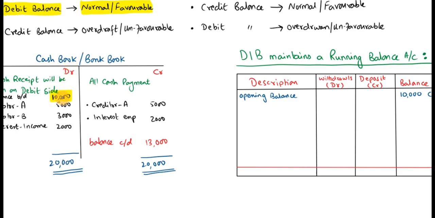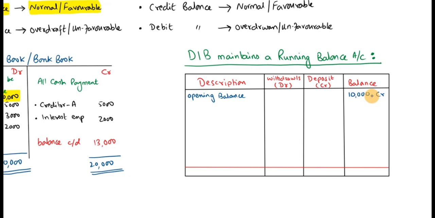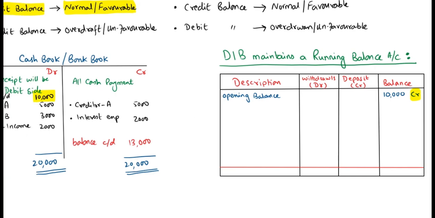In the cash book there is a debit, but in our bank account it will be credit. Why is it credit? Can you tell me why? This is just an answer, but not the logical reason. If we have debit in our cash book, why do we credit here?